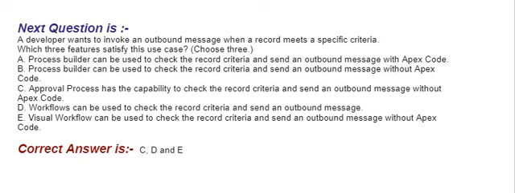Option C. Approval process has the capability to check the record criteria and send an outbound message without Apex code. Option D. Workflows can be used to check the record criteria and send an outbound message. Option E. Visual workflow can be used to check the record criteria and send an outbound message without Apex code. Correct answer is option C, D, and E.